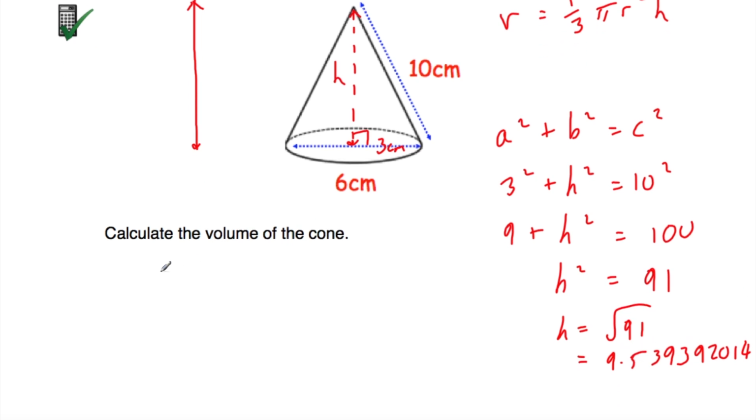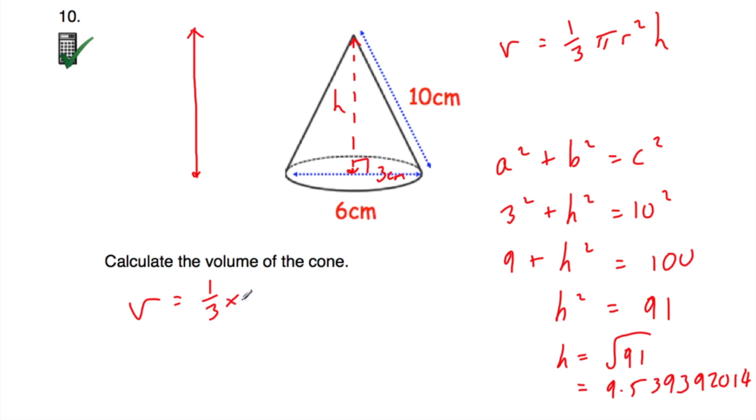Okay, so the volume of a cone is equal to a third of pi r squared times the perpendicular height. So a third times pi, times the radius of the base, which is 3, squared, times the perpendicular height, which is 9.539 and so on, the whole number there, or root 91.